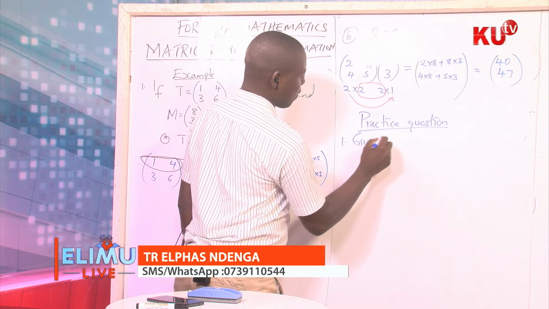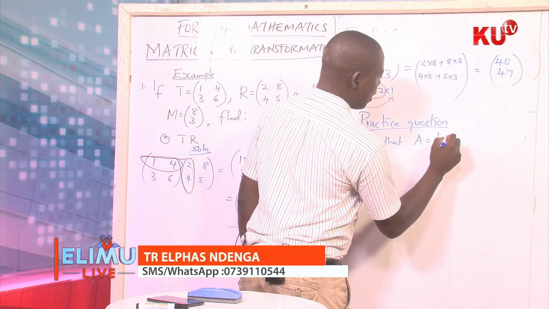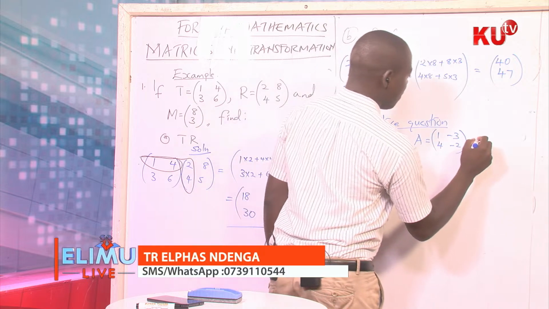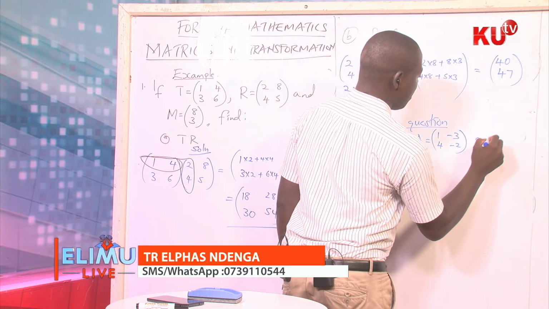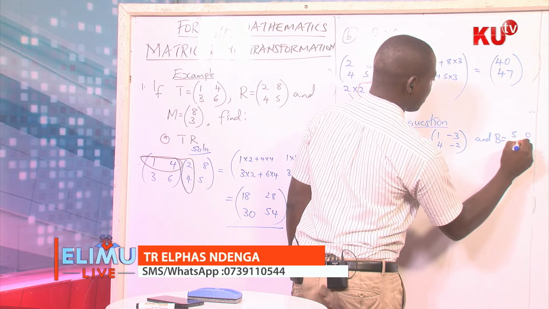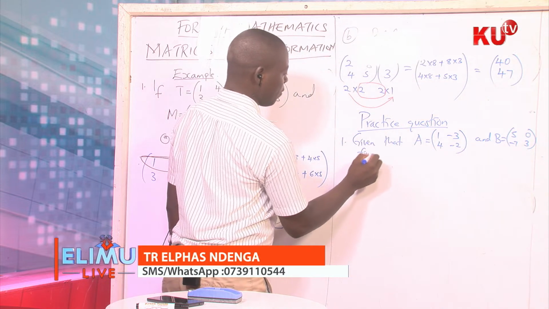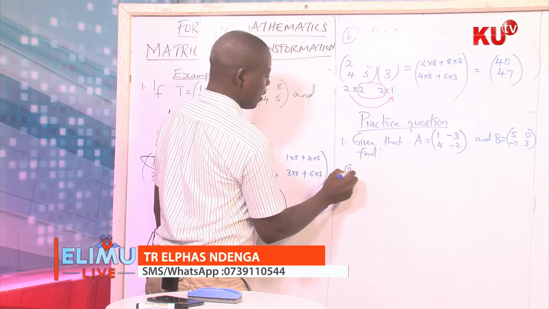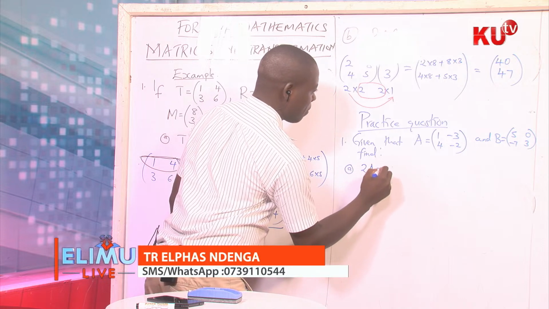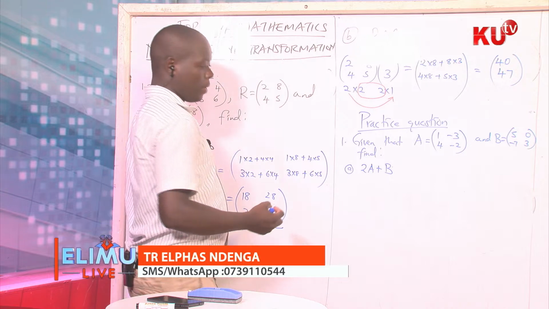Given that the matrix A is 1, -3, 4, -2, and B is a matrix 5, 0, -7, 3. Find part A: 2A plus B.